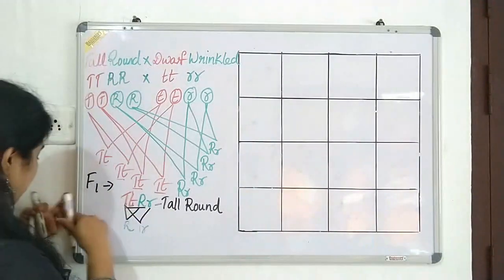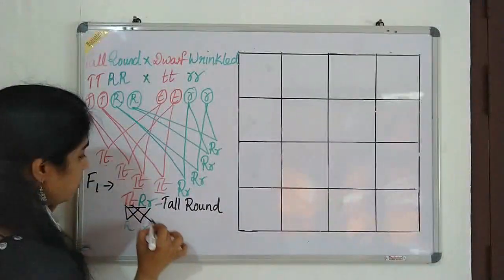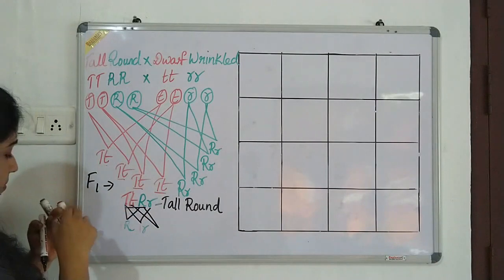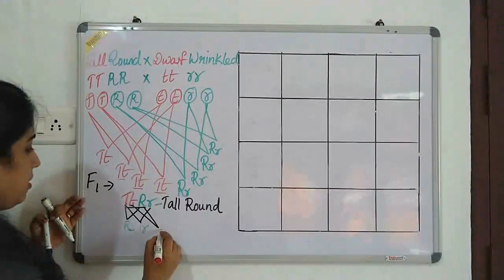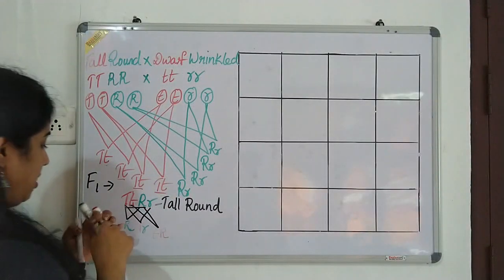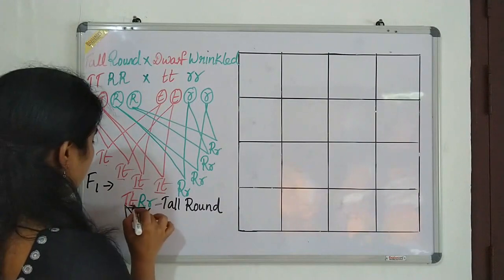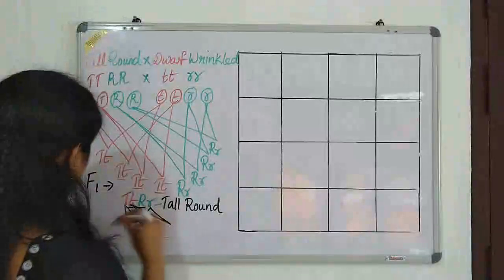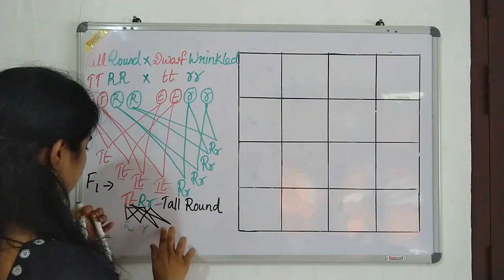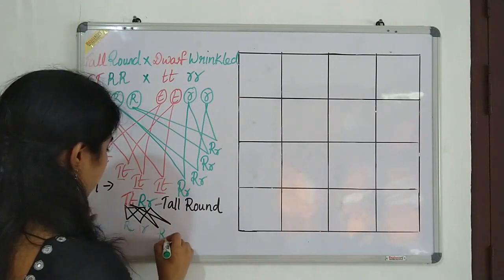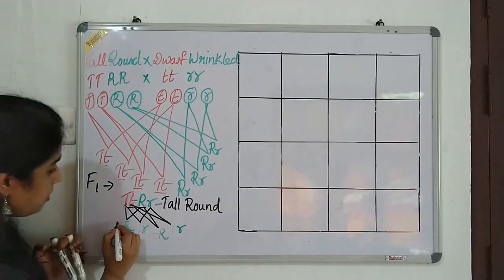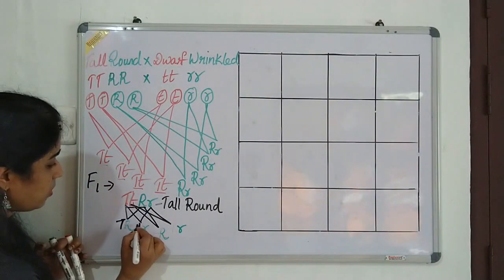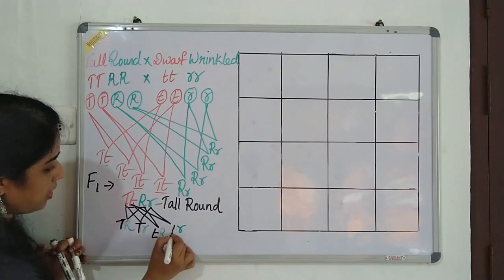Then this small t can be fused with capital R, small t, capital R. Then here another cross, small t, small r. So see, this is capital T, this also capital T, this small t and this small t.